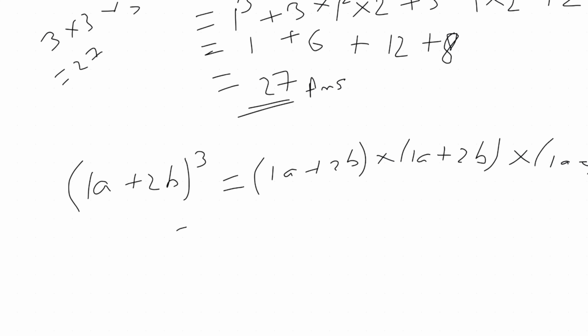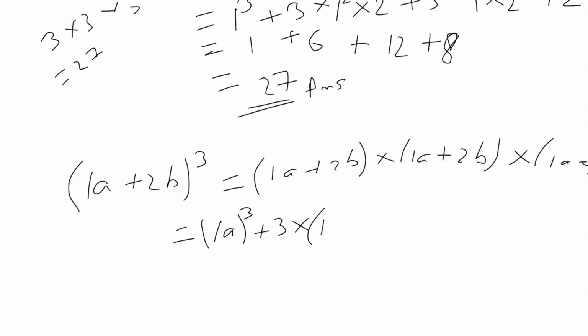And what does it give you? First, we take the cube of the first term. Then we take 3. We multiply it with the square of the first term.